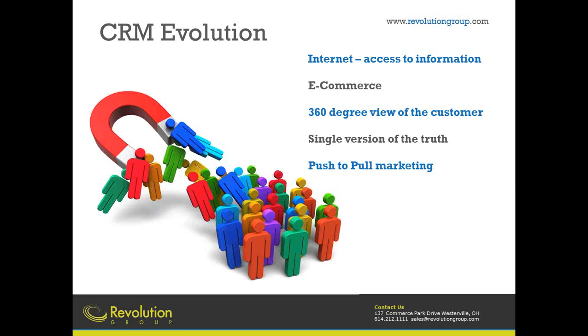We refer to this as a 360-degree view of the customer: to have in some repository all of the information about your accounts, your contacts, your competition, et cetera, to be able to do your business effectively. There's a requirement for all the data to be in one place, and for there to be one version of that data instead of multiple versions or iterations. And we refer to that as a single version of the truth.